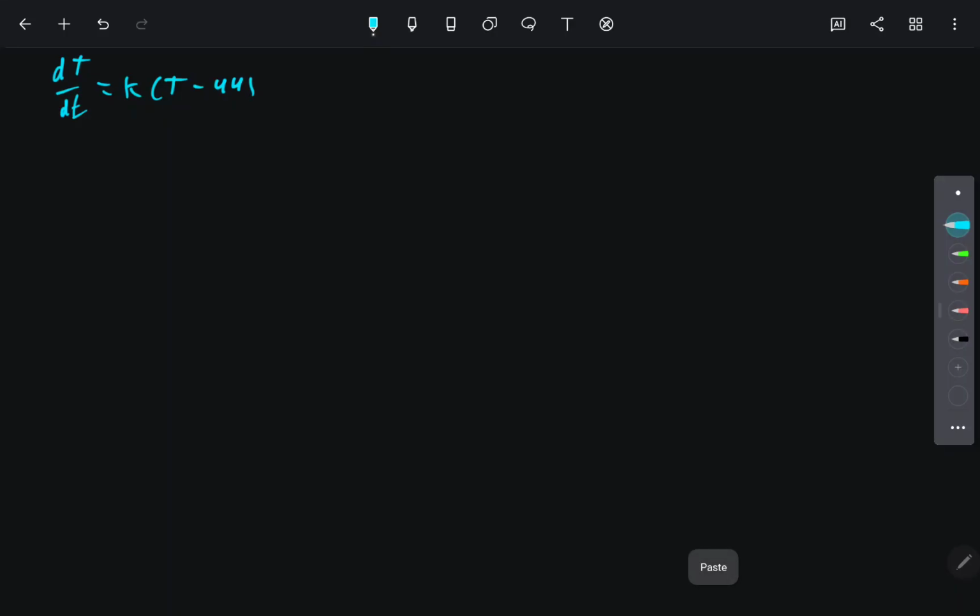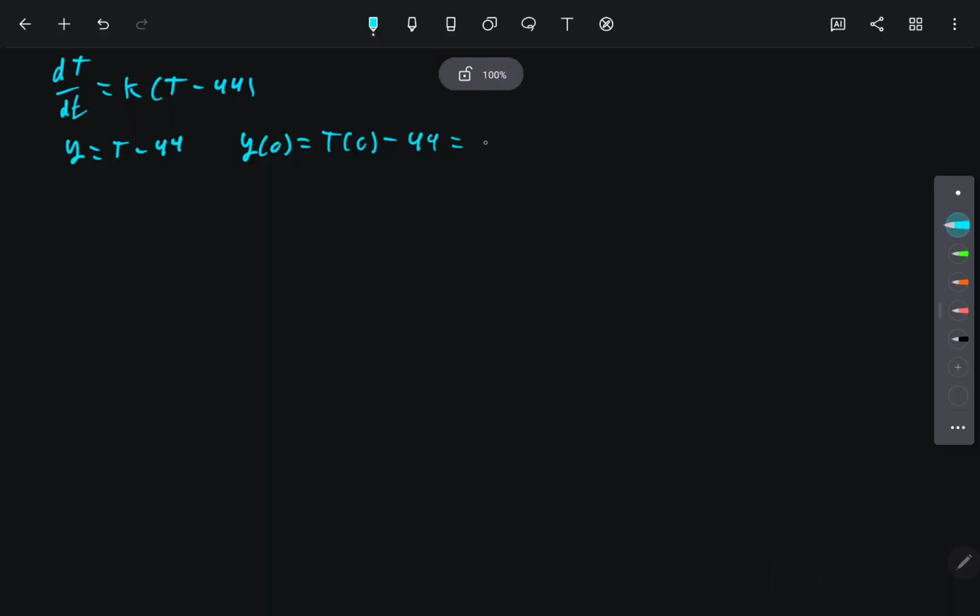Then we are going to say that y is equal to T minus 44. So then y naught must be equal to T naught minus 44.